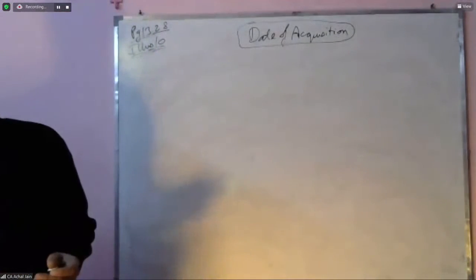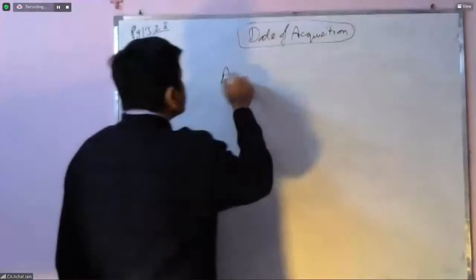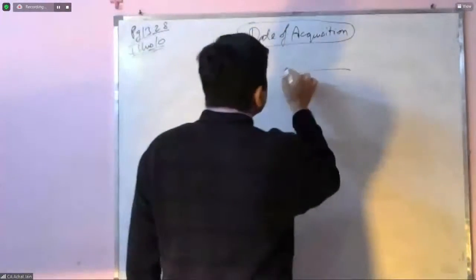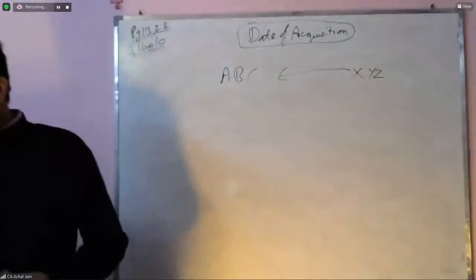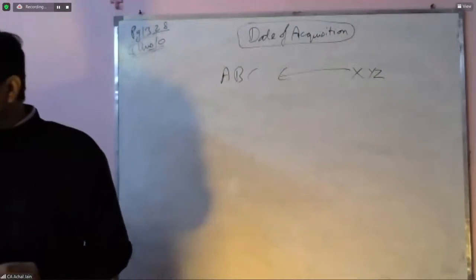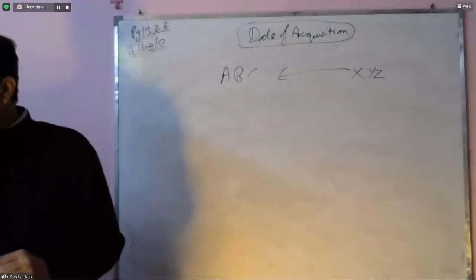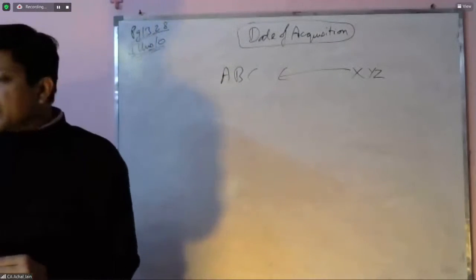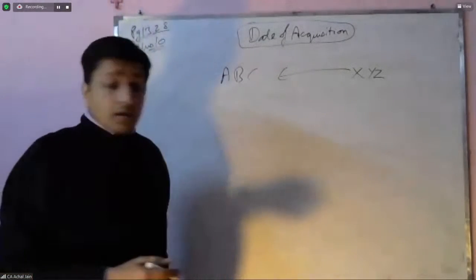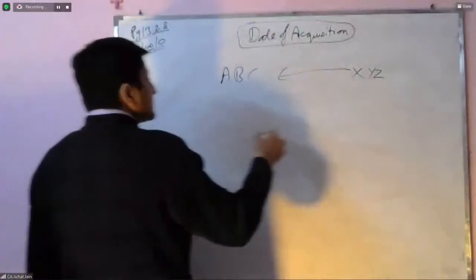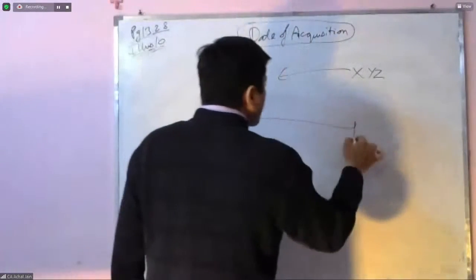So in this case, ABC is acquiring the business of XYZ. Can the acquisition date in this situation be the date on which ABC and XYZ agree the terms, even though approval of CCI is awaited? So there are two dates.